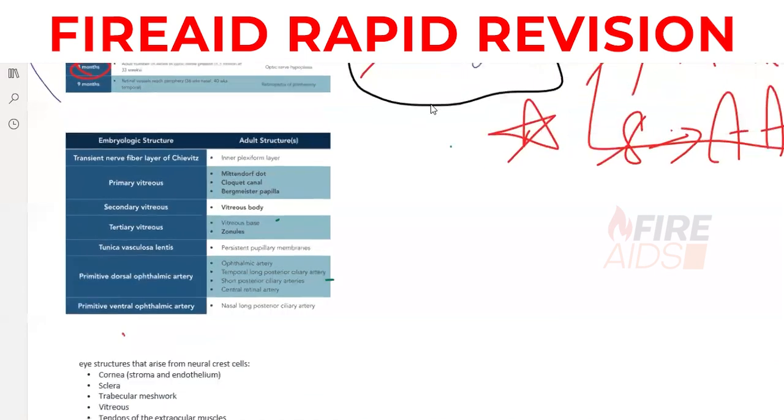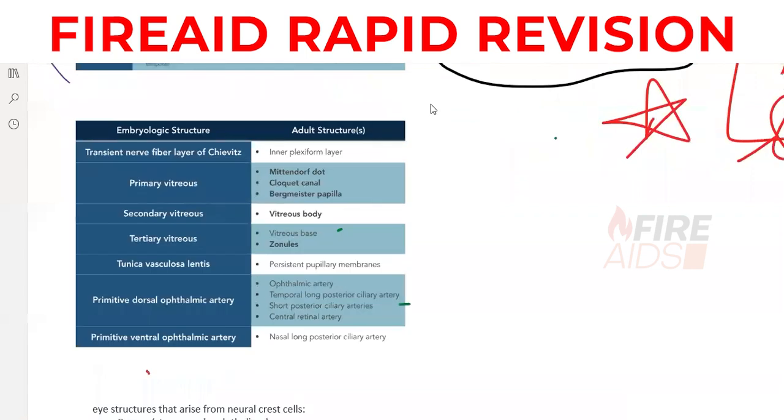Then comes the embryologic structure and adult structure. When it comes to this, only the vitreous I want you to focus on. Primary vitreous becomes Mittendorf dot, Cloquet canal, Bergmeister papilla, out of which if you forget Bergmeister papilla, that's okay.